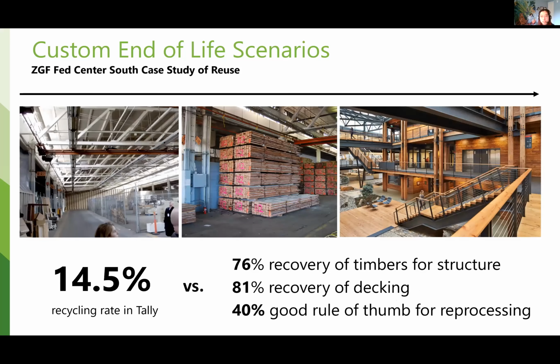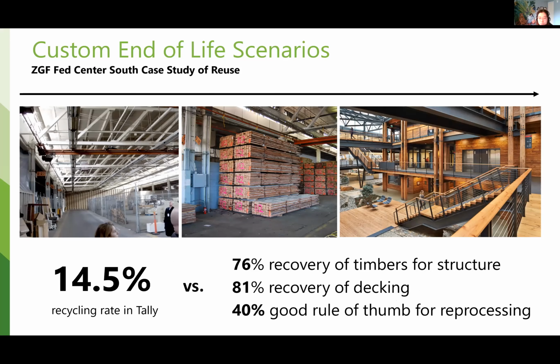Next slide, please. Thanks. So in TALI, 14.5% of wood is treated as recycled. And in our timber reuse case study, the Federal Center South project, we were able to harvest timber from a warehouse. The salvage lumber was used as structural member, decking, finishing, and landscape material.